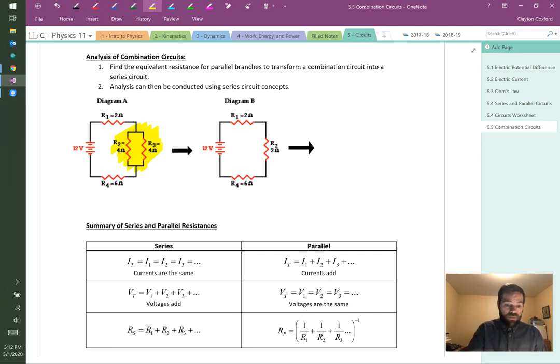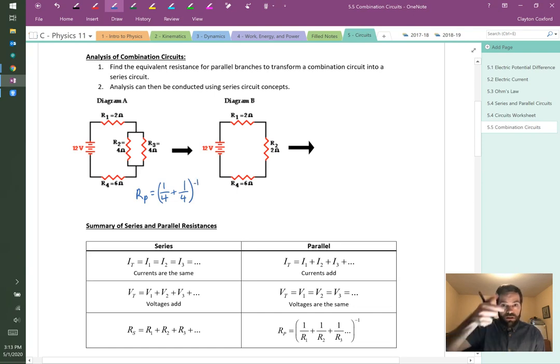So doing some quick math here, remembering what the equivalent resistance for parallel resistors is, it's going to be 1 over 4 ohms plus 1 over 4 ohms. And we take the inverse of that, and this gives us 2 ohms, which we can see here.